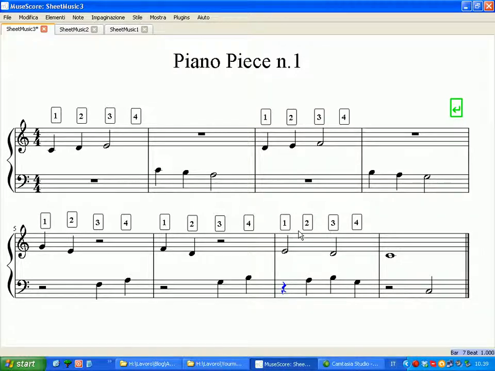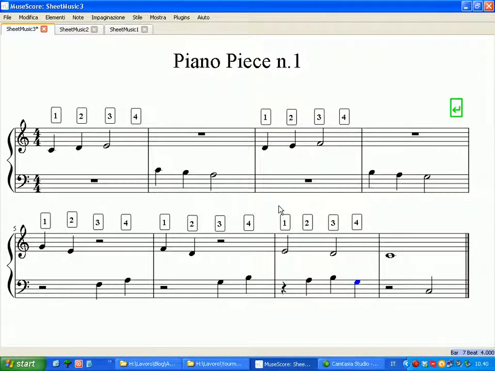So we will have the second beat in correspondence of the second note, which is a quarter note, and it lasts one beat. Then the third beat will occur on this note, which is a quarter note, and again the fourth beat will occur in correspondence of this note.